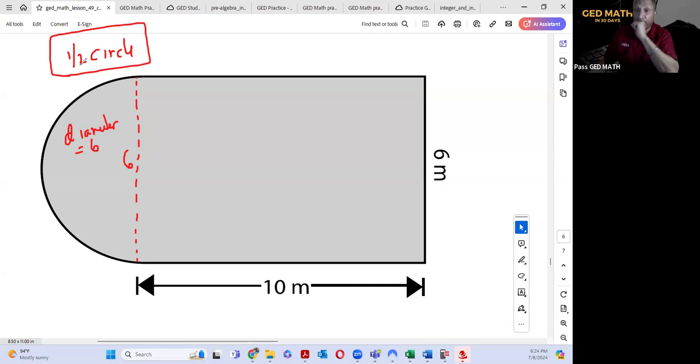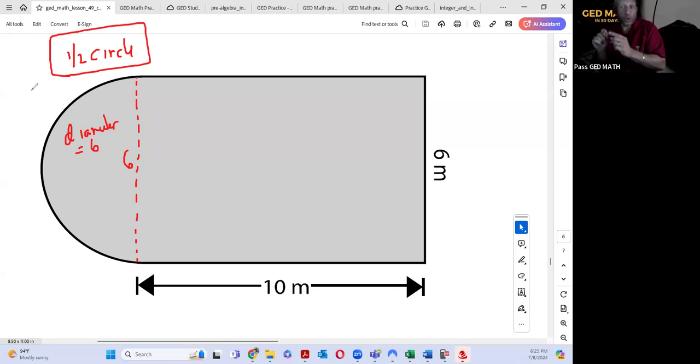Does everybody understand that? So how do you find the perimeter of a circle? How do you find the circumference of a circle?